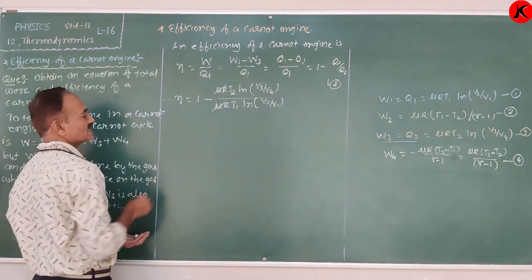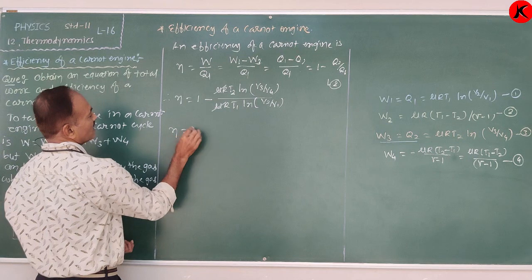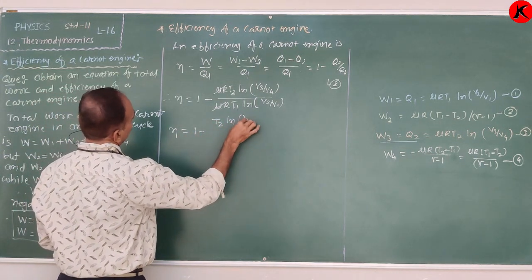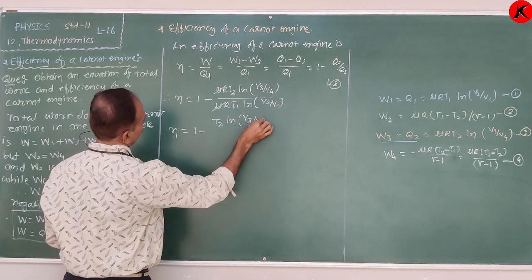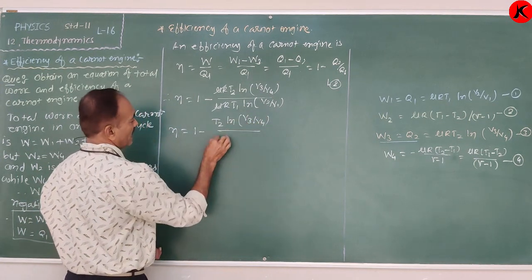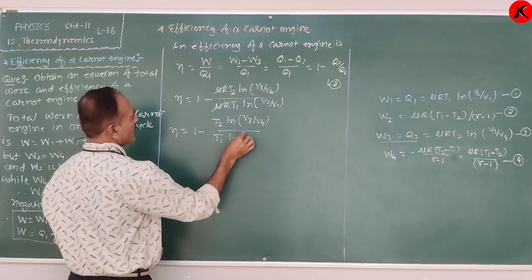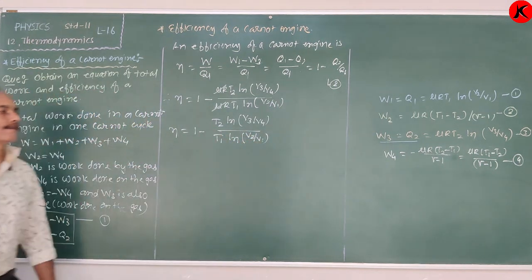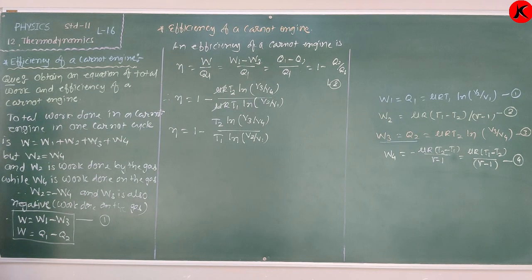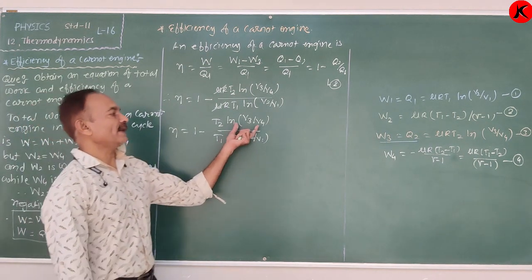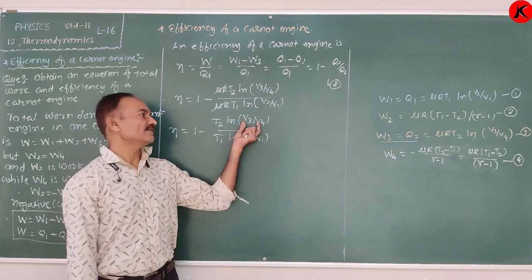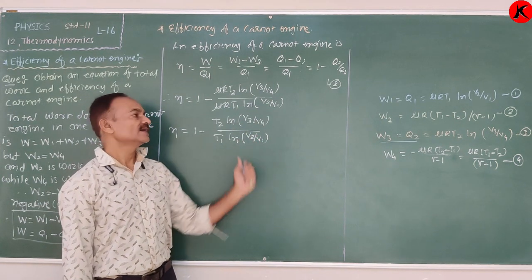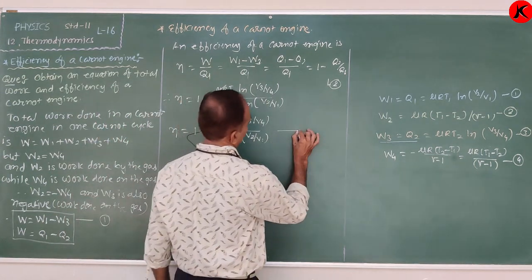Therefore, our equation is reduced to N is equal to 1 minus T2 Ln V3 upon V4 divided by T1 Ln V2 upon V1. Clear this? Now we are interested to find out the ratio of V3 upon V4 and also V2 upon V1. That is our equation number 3.